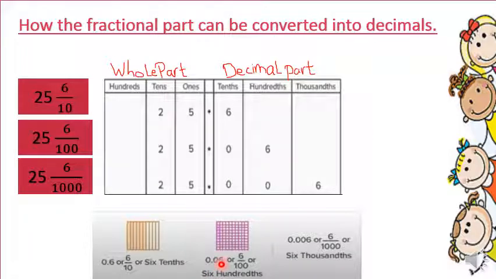If I want to make it as representation, we color 6 boxes out of 100. And 6 over 1000, which is 6 thousandths, it's written as 0.006. It's 6 thousandths, the third digit after the decimal point.